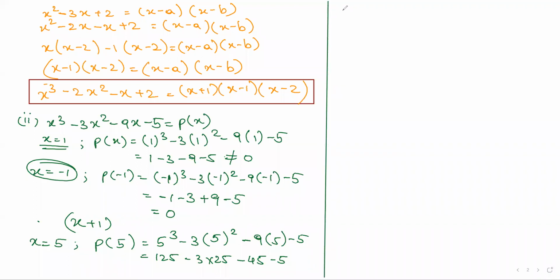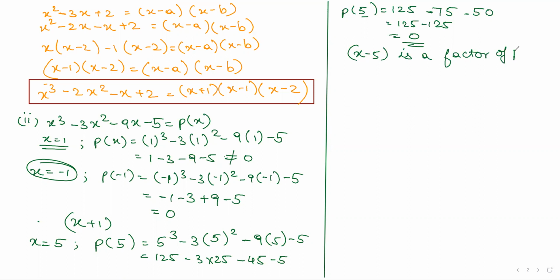Now, P of 5 will be equals to 125 minus 25 into 3. So this is 75, minus 45, minus 5 is minus 50. 75 plus 50 is 125. So this is 125 minus 125, which is equals to 0. So you're getting a value 0 for 5 as well. So 5 is also a root of your given polynomial P of x, and x minus 5 is a factor of P of x.